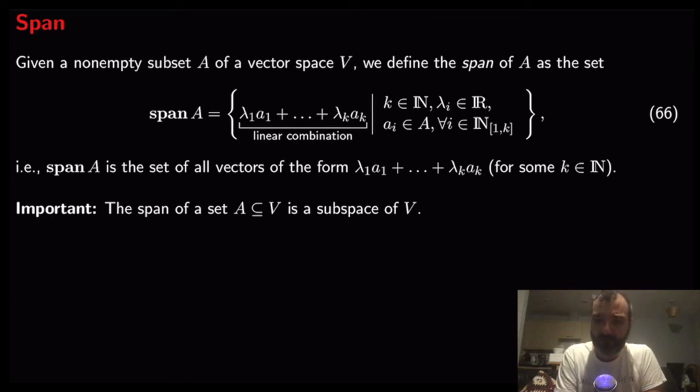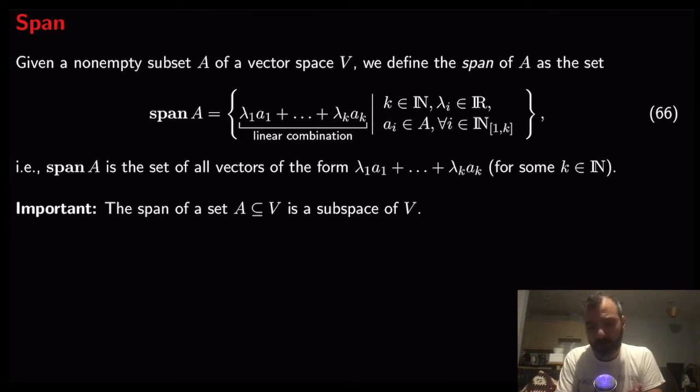We can define the span of A to be the set of all combinations, all linear combinations, as we say, of A1, A2, A3 up to AK, where these A1 up to AK are taken from the set A. I know you might find this a little convoluted, but I will give you an example.